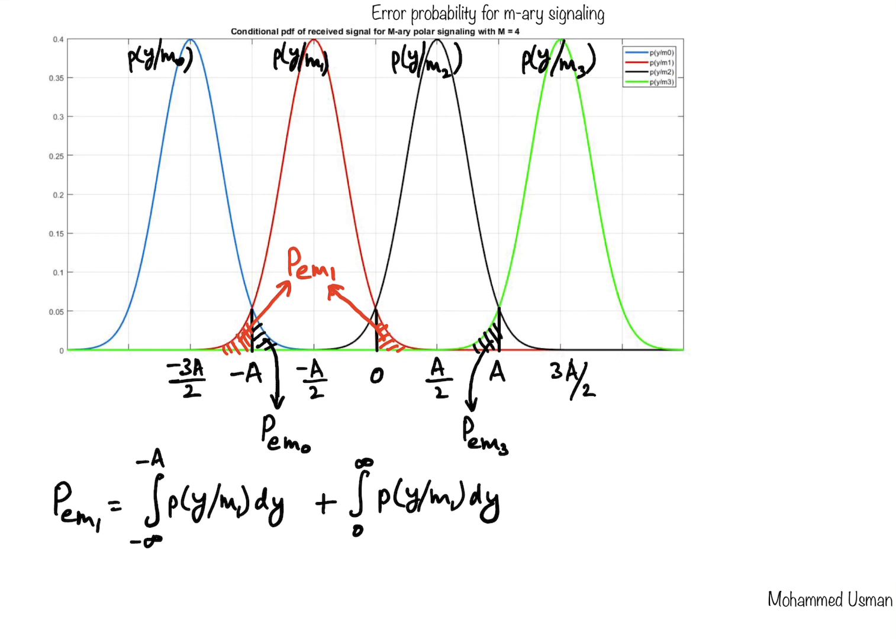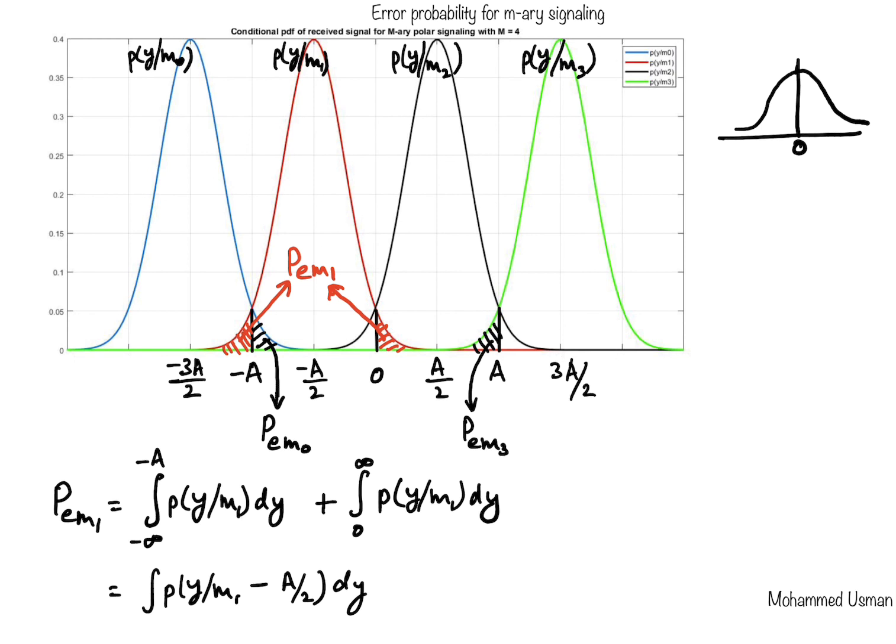And again, we want to write this as the Q function, and like before, for the Q function, we need to have it centered on 0. But now it is centered on minus a/2. So we'll have to shift this entire thing to the right by a/2 so that it becomes centered on 0. So that is the same as the integral of P of y given M1, shift to the right is minus, and the amount of shift is a/2, dy.